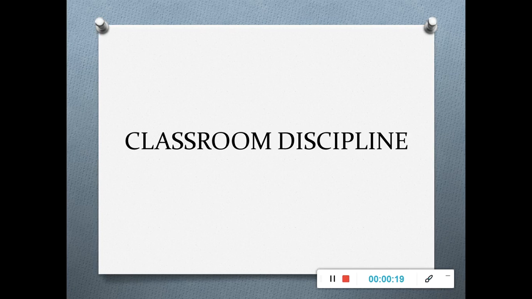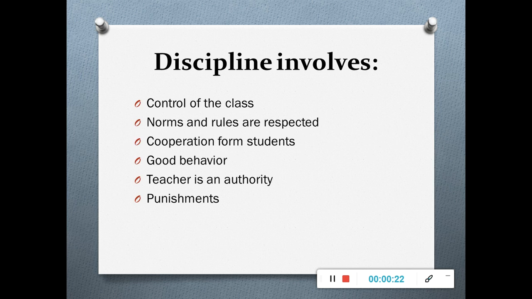Speaking about classroom discipline, we can say that discipline involves many aspects like control of the class, normal rules that we have to respect, cooperation from students, good behavior, and the teacher, who in this case is looked upon as an authority. In some cases, in order to have control of the class, we have some punishments.